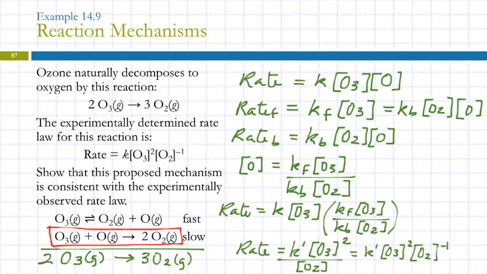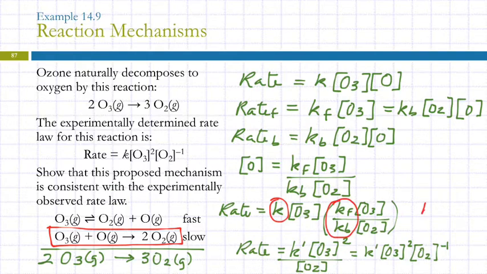K prime is where I lump K, Kf, and Kb together. I'm giving it a prime because it's not equal to any one of them. Can you explain how you did that, how you got from here to here? Okay, so what I did is I took this and this.